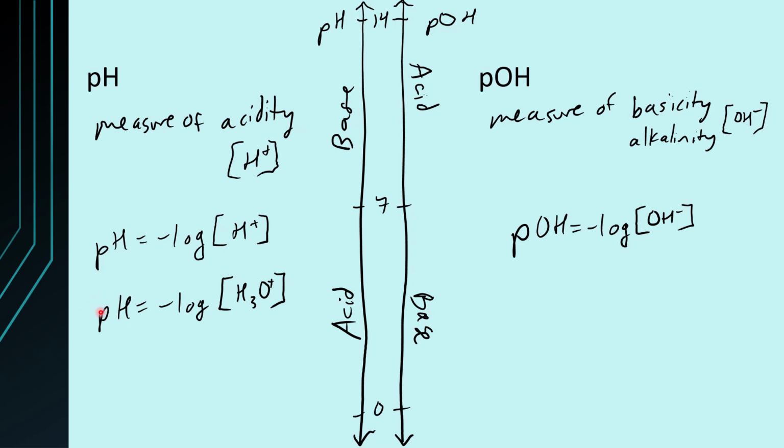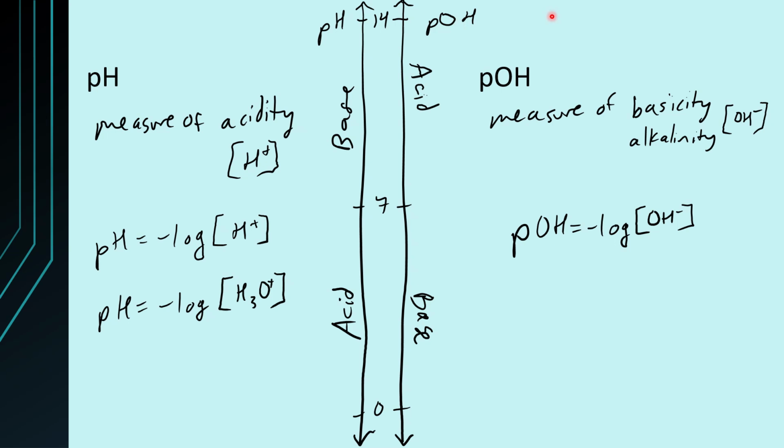Now, because it's this negative logarithmic scale, you wind up with a pH scale from about 0 to about 14, with 7 on the pH scale being neutral at 25 degrees Celsius. Below 7 on the pH scale will be an acid. Above 7 will be a base, because again, this is a negative logarithmic scale. So the larger the concentration, the closer that this pH is to 0.